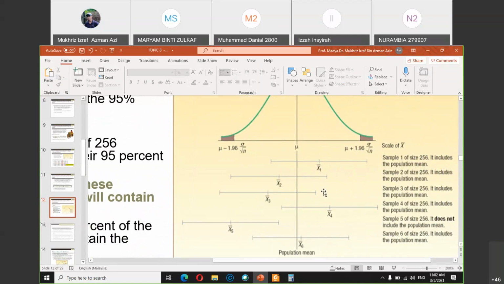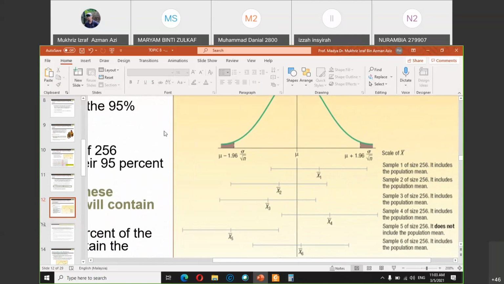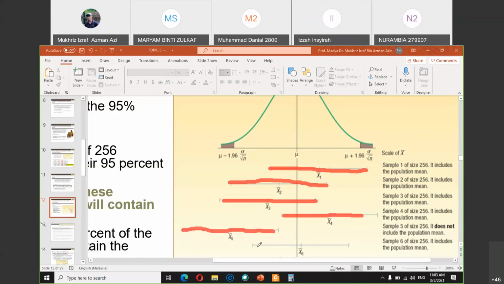But the idea of the confidence interval is, if you repeat this process many times, you can see this one line here is the first confidence interval, and then you repeat the process and this is another interval that you can calculate. Let's say this is the value of the population mean.